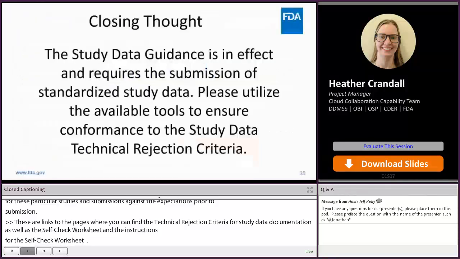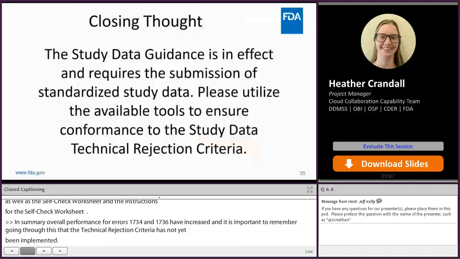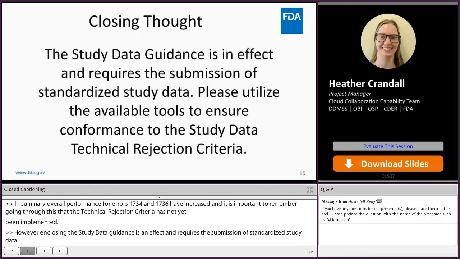However, in closing, the study data guidance is in effect and requires the submission of standardized study data. So there are available tools like the self-check worksheet to ensure conformance with the study data technical rejection criteria. Thank you.